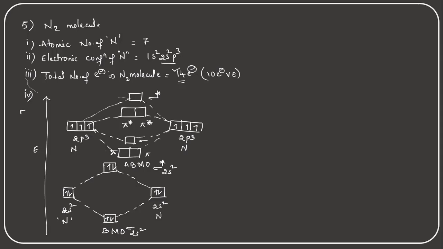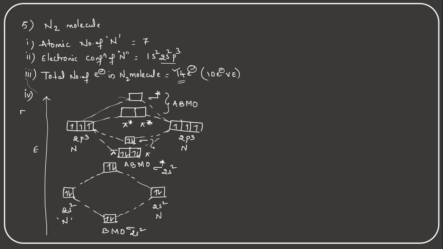So here, how many total electrons are there? 6 electrons are there. First we need to fill one each, then after half filling, we have to pair up with the other electrons. So there are no electrons in the anti-bonding molecular orbitals. These are the anti-bonding molecular orbitals, right?